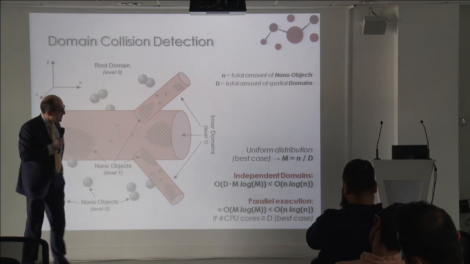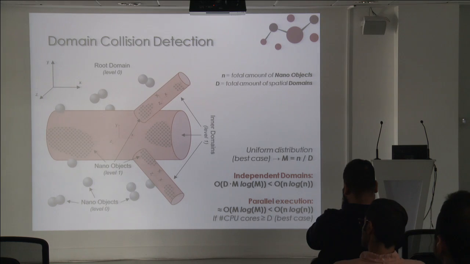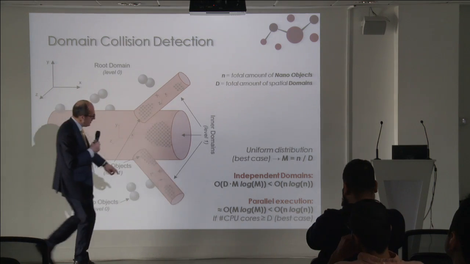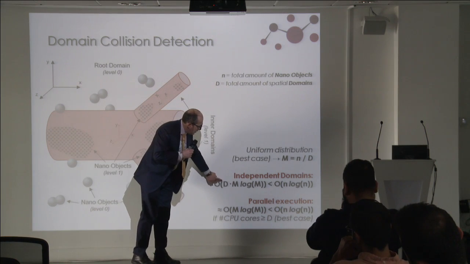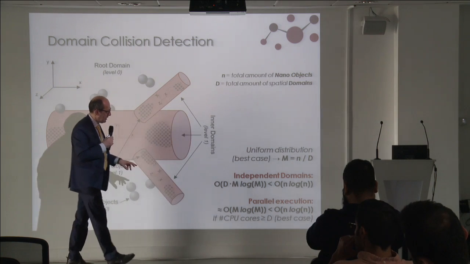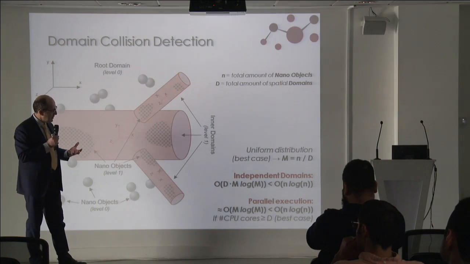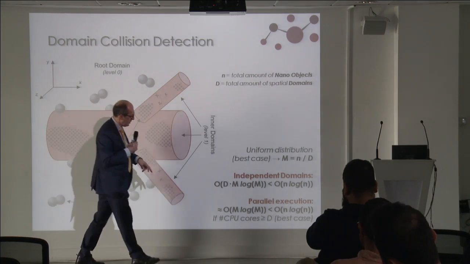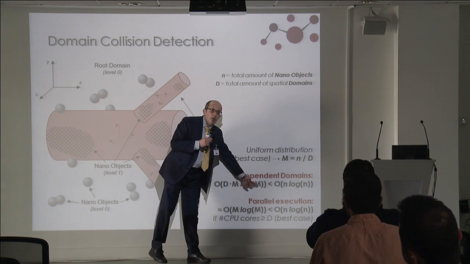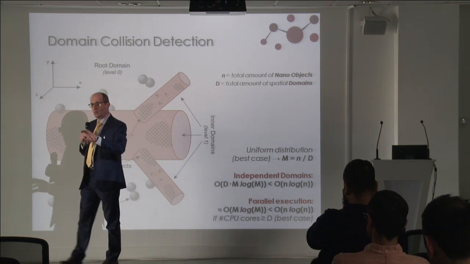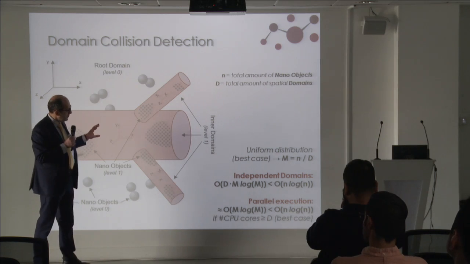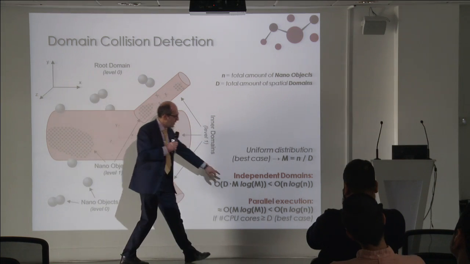And if we have a sufficient number of computing cores, at least D in the machine, we have a simulation time with a complexity of M log M. So we started with N squared, and we resorted to M log M.